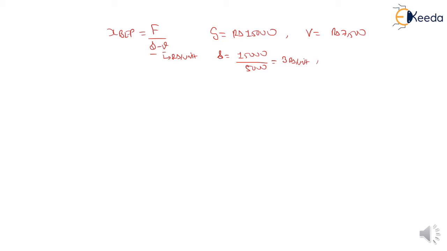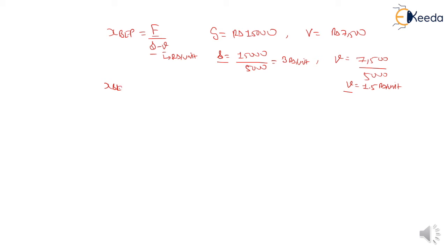And similarly, small v is the total variable cost per unit, which is 7,500 upon 5,000. So small v is 1.5 rupees per unit. Okay, put this small s, small v and capital F in this formula.